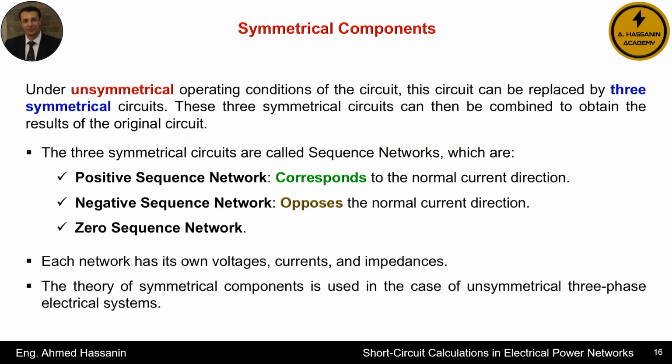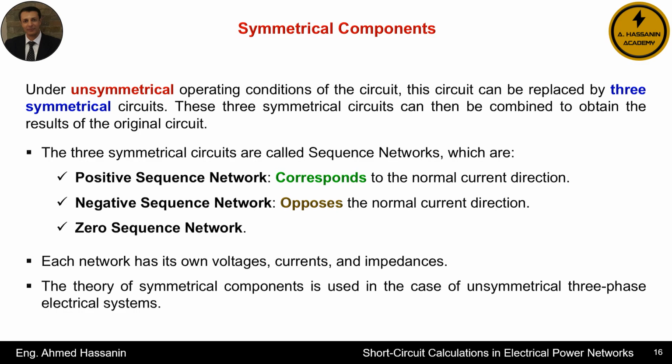I told you before that during asymmetrical faults, such as a single phase to ground fault, the electrical circuit loses its balance. This means that each phase carries a different current from the others, and the voltages also differ for each phase. To analyze this unbalanced system more effectively and perform short circuit current calculations, it is necessary to use the symmetrical components theory.